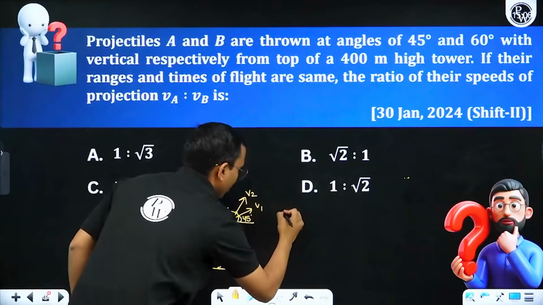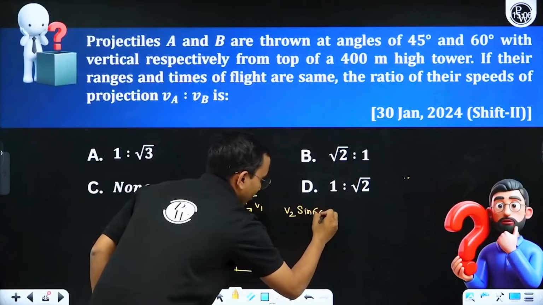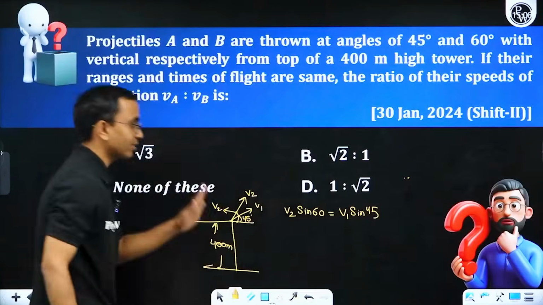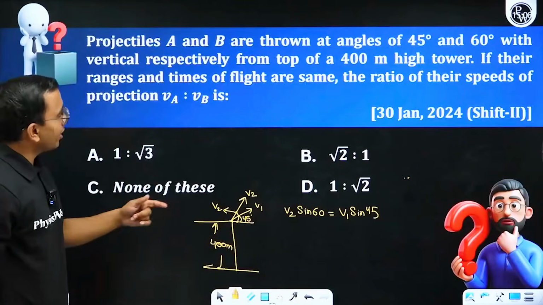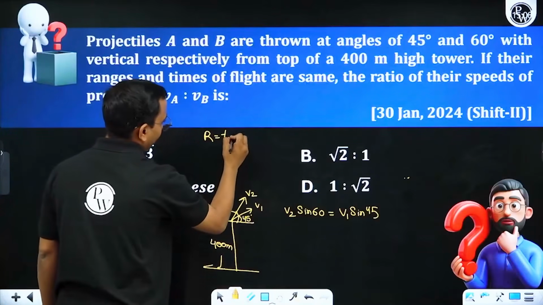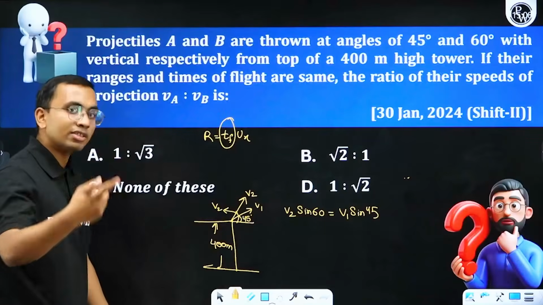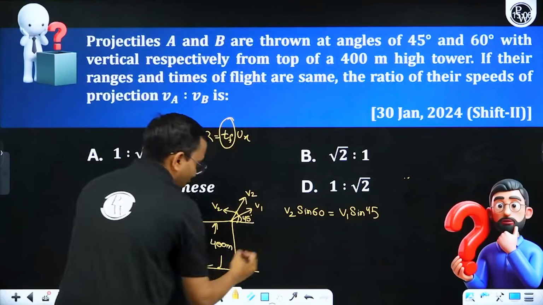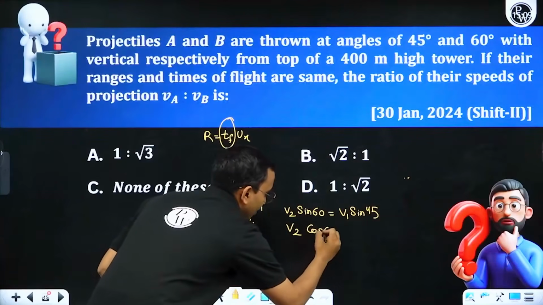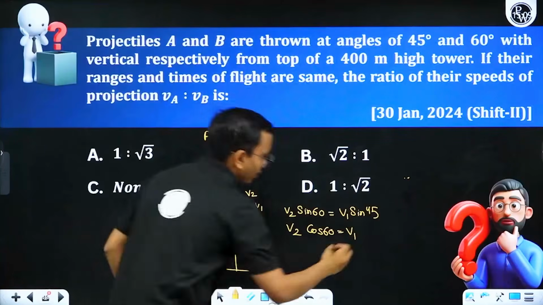Let us do that. Velocity along y-axis, v2 sine 60 is v1 sine 45. Velocity along y-axis is same. Now range is same. What is range? Range is t flight into ux. T flight is same, it means ux is same, then only the range is same. So horizontal component v2 cos 60 is equals to v1 cos 45.